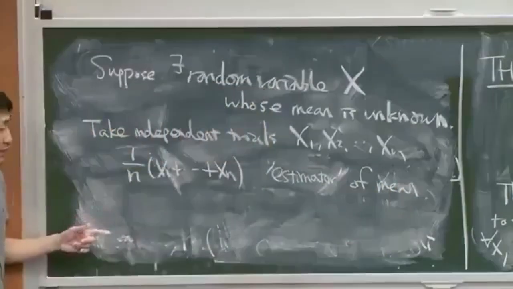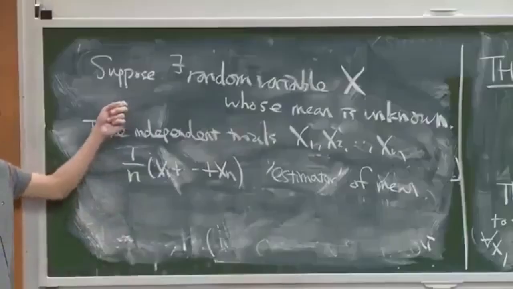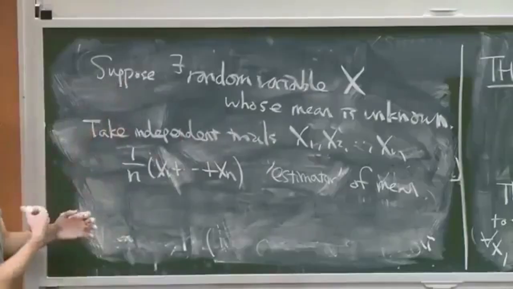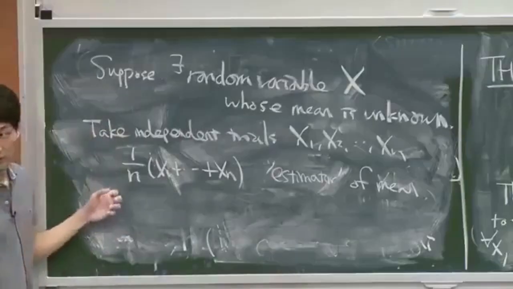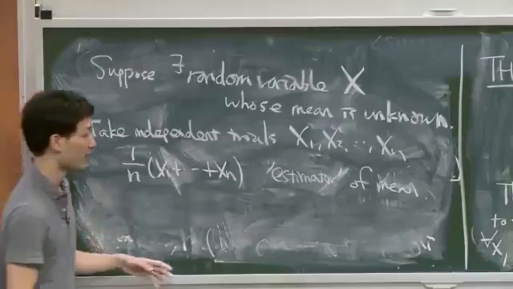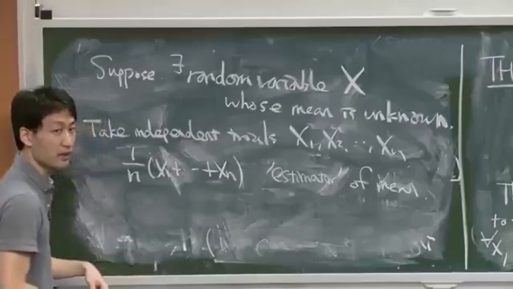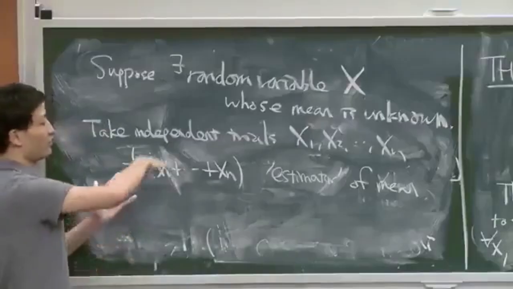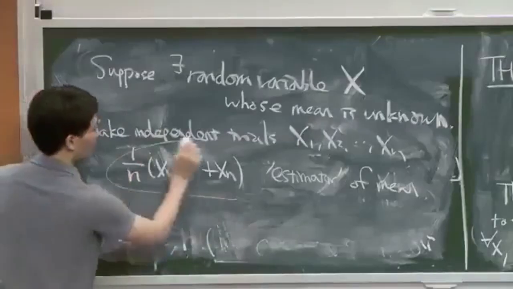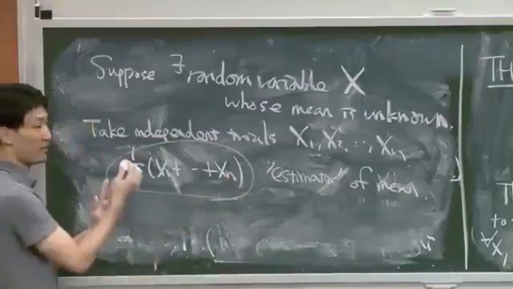Then the law of large numbers says that this will be very close to the mean. So if you take n to be large enough, you will more than likely have some value which is very close to the mean. And then the central limit theorem tells you how the distribution of this variable is around the mean.